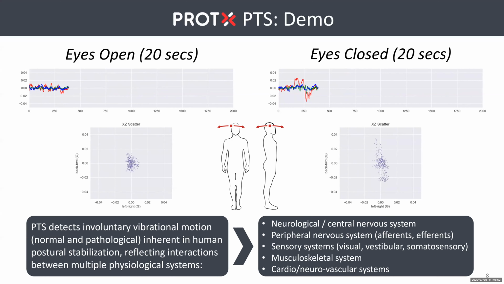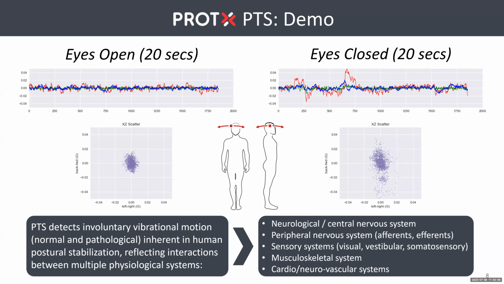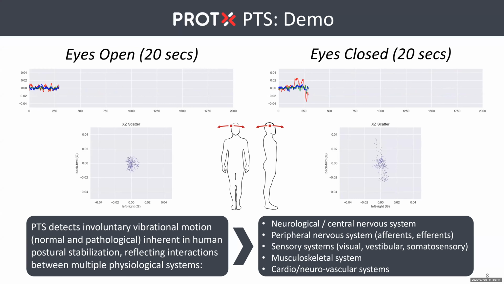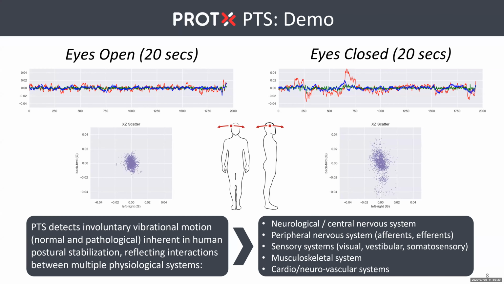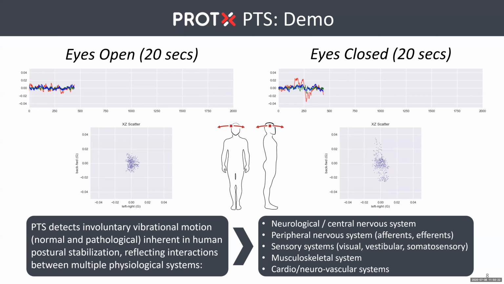As you try to stand still, it detects all of the involuntary vibrational motion, both normal and pathological, that's inherent in human postural stabilization, and reflects the interactions between multiple physiological systems, the things that we listed earlier: the central nervous system, its ability to process various sensory system inputs, and then send motor control commands back out to the musculoskeletal system to maintain balance and postural stability.